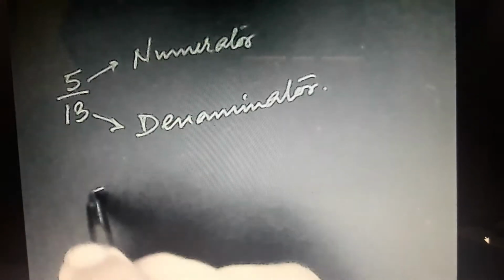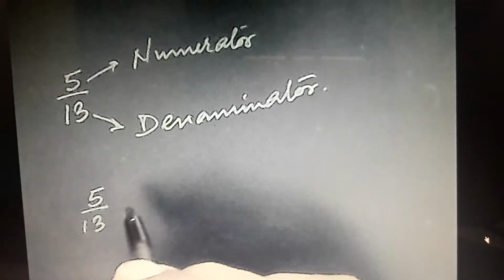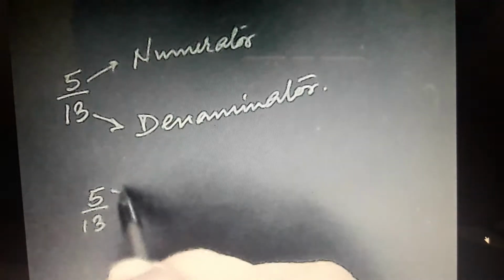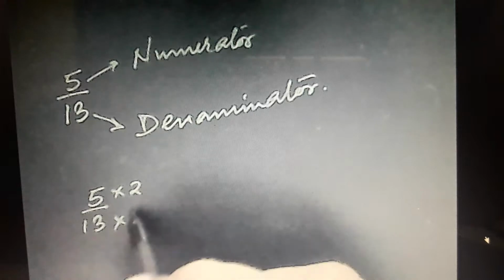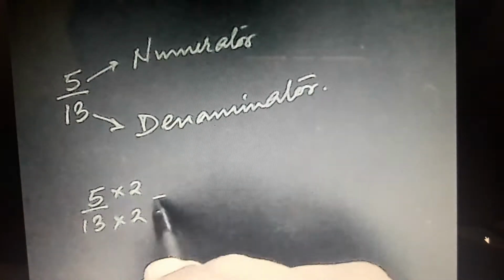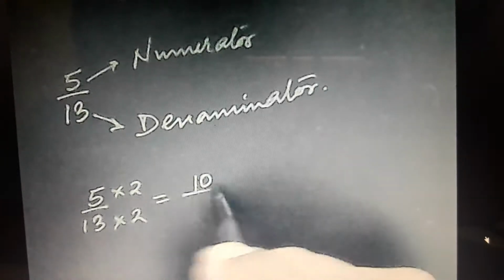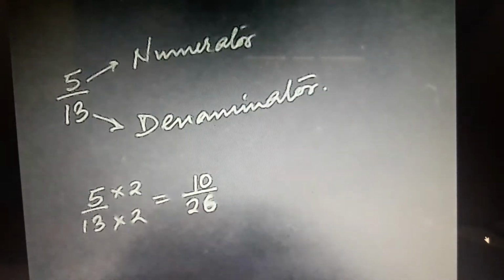What we need to be very careful about is this: if we multiply the denominator by any number, we have to multiply the numerator by the same number too. So the numerator will become 10 and the denominator will become 26, right?